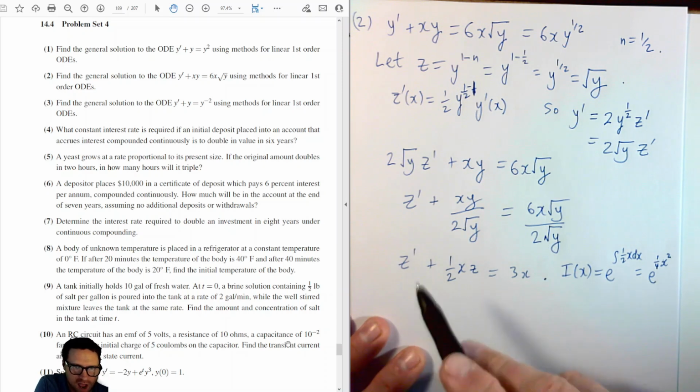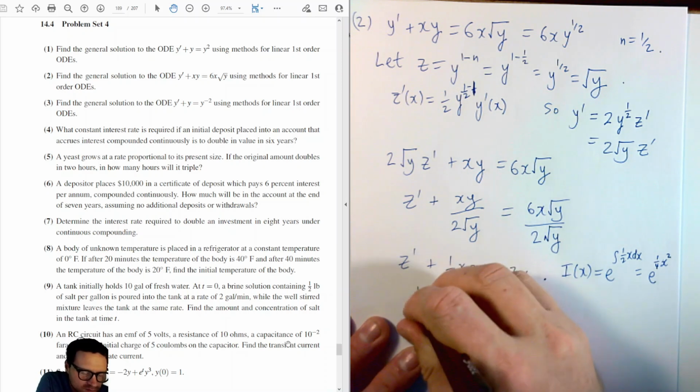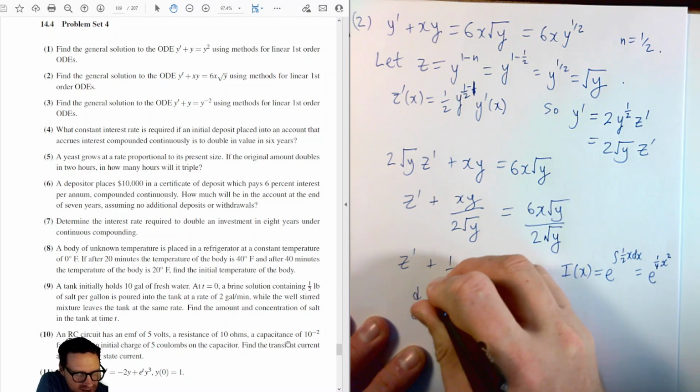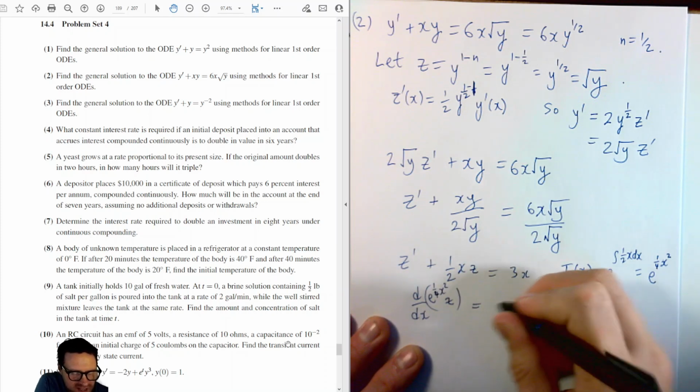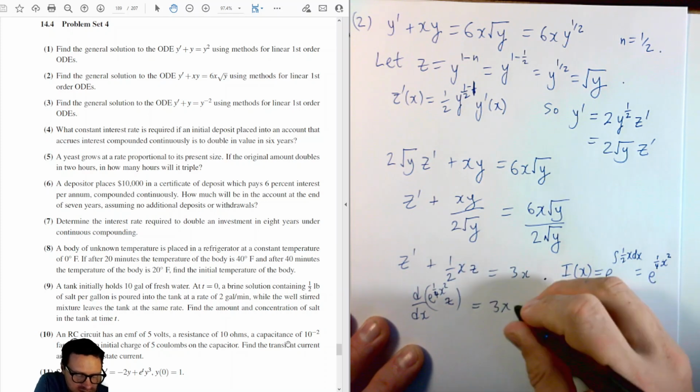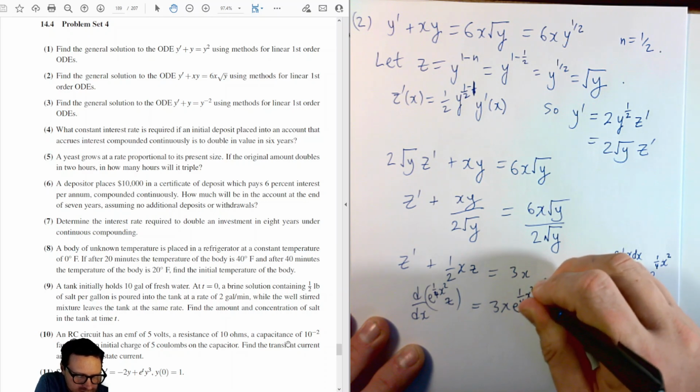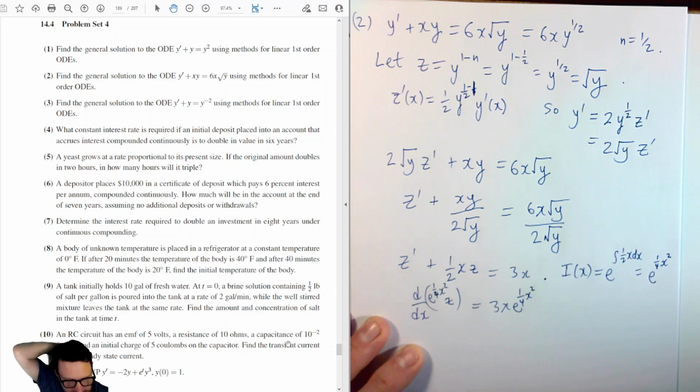And so we know how the left-hand side packs up. We just have the derivative with respect to x of the integrating factor times z. And then on the right-hand side, we have 3x times the integrating factor, e to the quarter x squared.